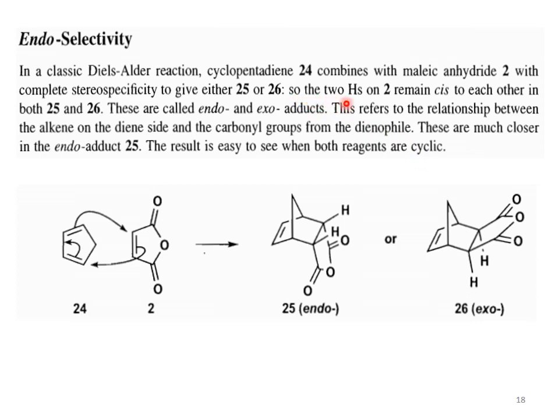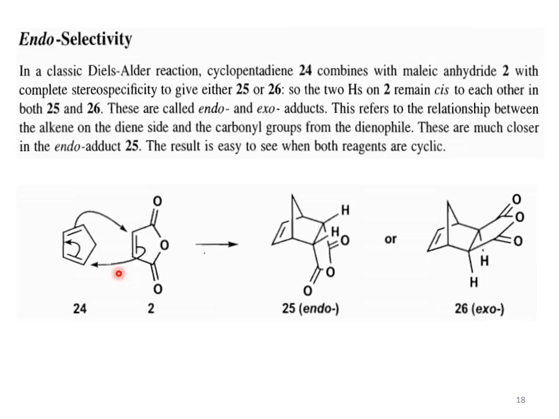So how is it called exo or endo? There is a relationship between the alkene on the diene side, this alkene double bond, and the carbonyl groups, these 2 carbonyl groups, that is the anhydride group on the dienophile side.